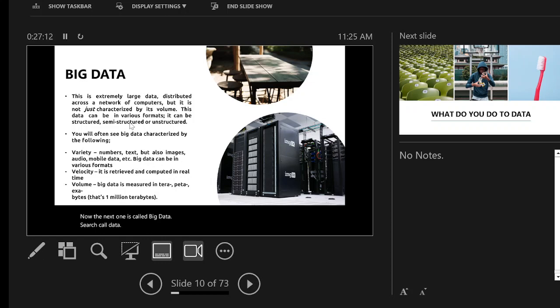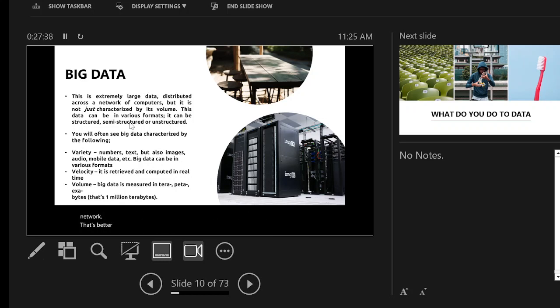From the name big, this is extremely large data, and this data is distributed across a network of computers, but it is not just characterized by its volume. This data can be in various formats. It can be structured, semi-structured, or unstructured. Structured is that one.